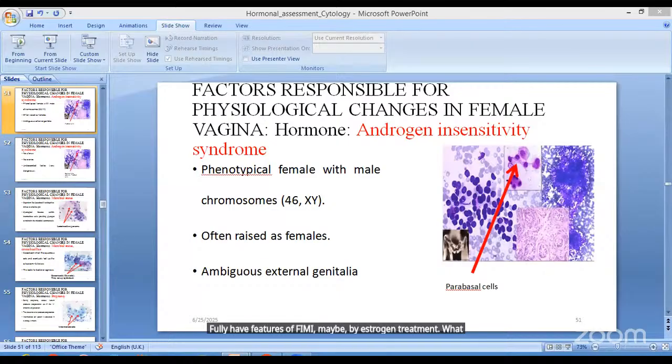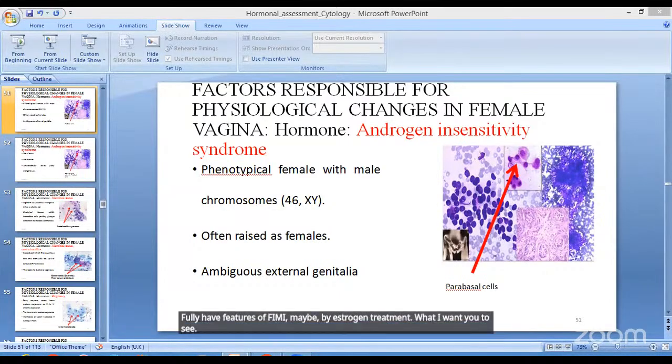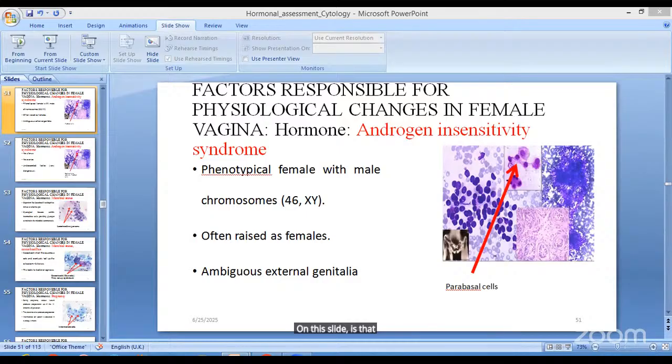What I want you to see on this slide is the few cytological cells pointed to by the red arrow. It's a zero scenario. No estrogen effect. You can't see progesterone effect.